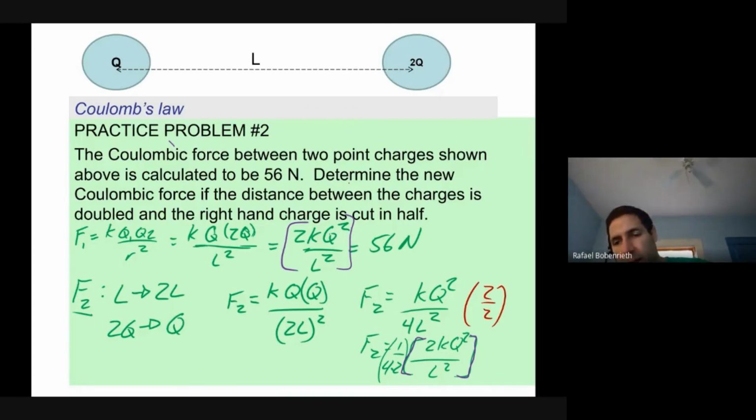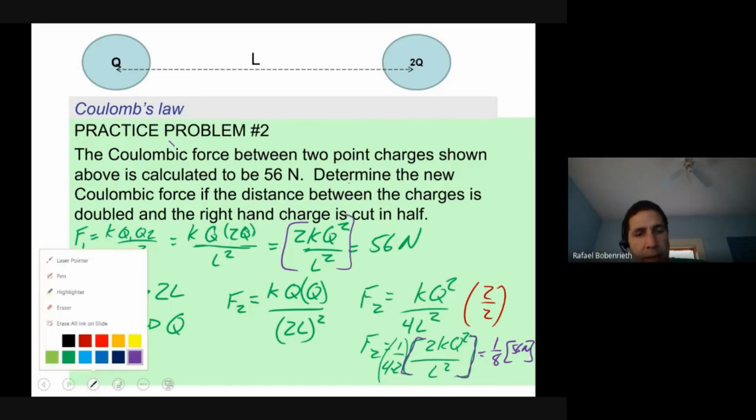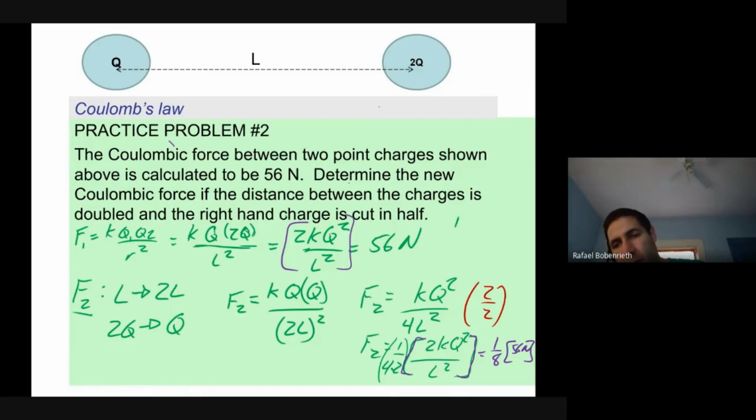So notice what I get here is 1/8 of what's in the purple brackets. And we know the purple brackets is equal to 56 newtons. So my end result here is that the new force is basically 1/8 of what the original force was. 1/8 times 56 newtons, or 7 newtons.